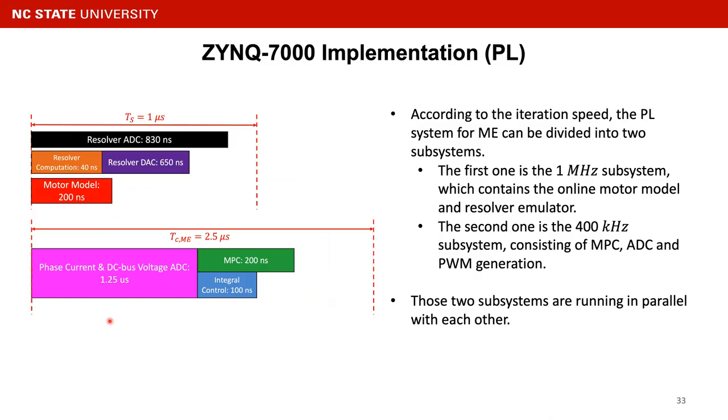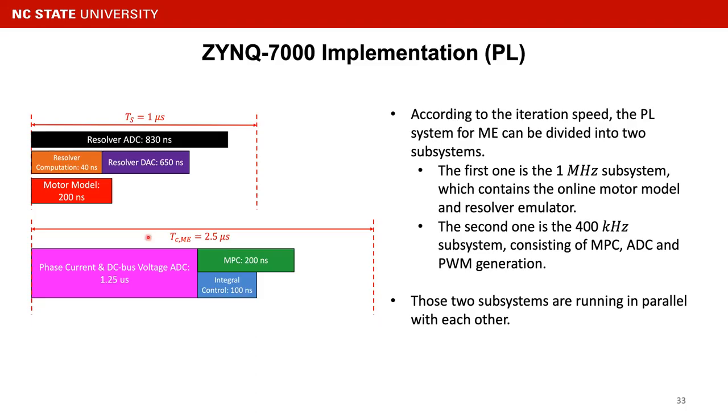As we mentioned before, as we can see here, the iteration speed of the multi-emulator digital system is much higher than that in the active power filter application.